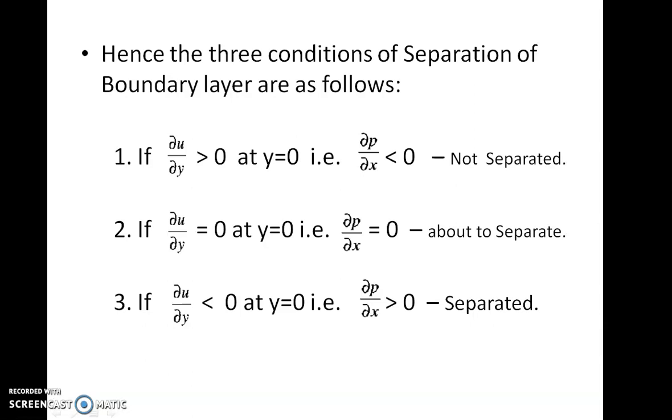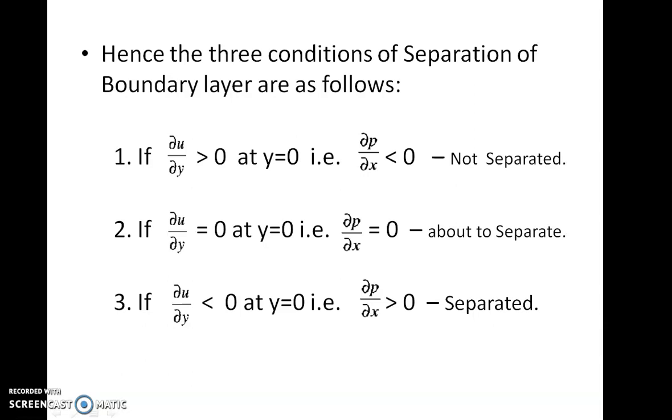What is the condition? If delta u by delta y is greater than 0 at y is equal to 0, then the boundary layer is not separated. If delta u by delta y is equal to 0 at y is equal to 0, or delta p by delta x is equal to 0, then the boundary layer is about to separate. It is at the point S, and after that it is going to detach.